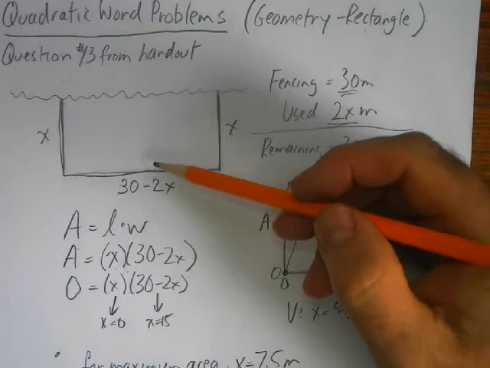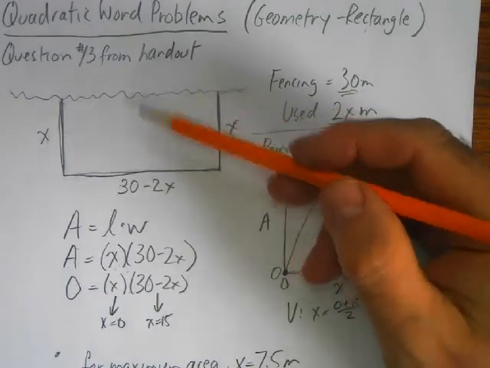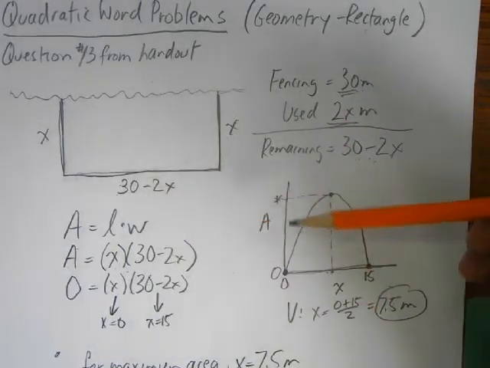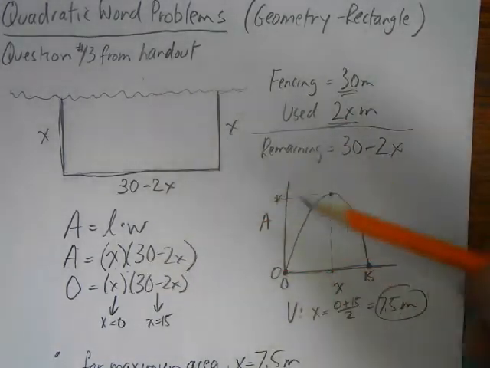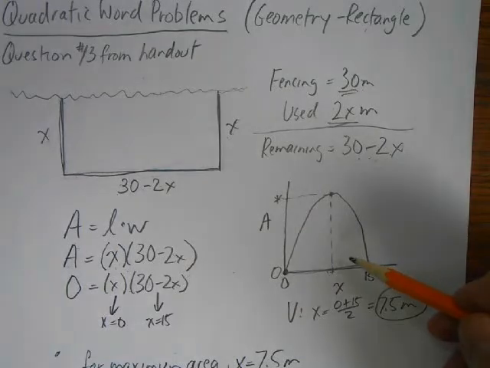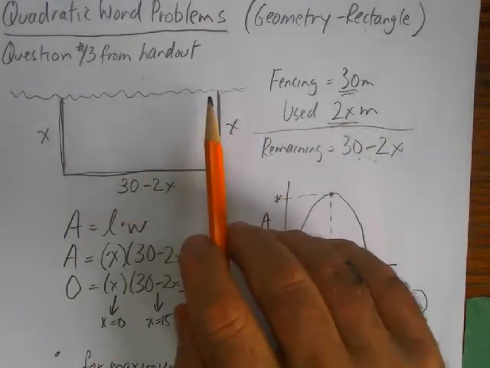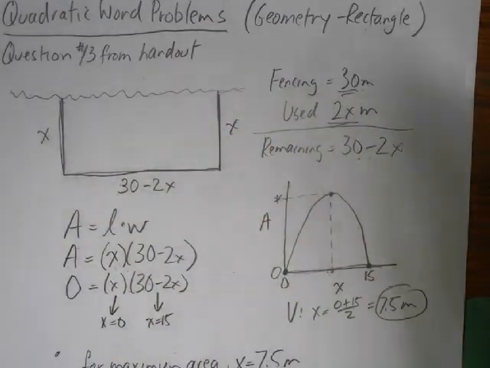Basically, if you added these two sides up, you get 30 minus 2x. So this would be 15 minus x, 15 minus x. This equation changes, and this diagram will change slightly, I think. But that's how it's different if you have a four-sided rectangle instead of this three-sided rectangle problem.